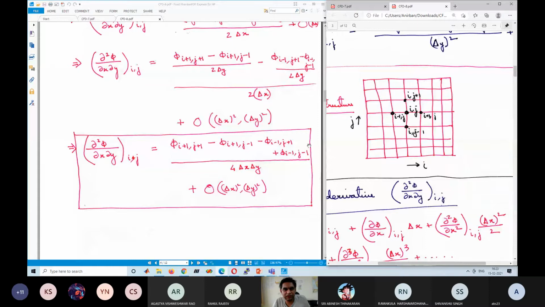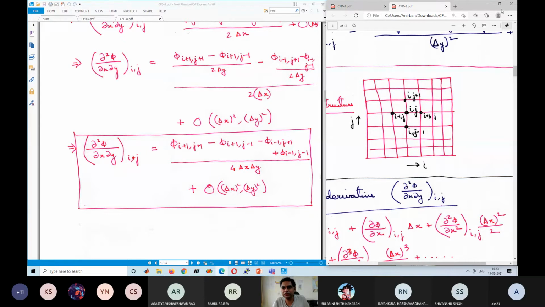Okay. What are these neighboring values? Now it is in terms of these neighboring values. Phi i plus 1 j plus 1 minus phi i plus 1 j minus 1 minus phi i minus 1 j plus 1, so these 4.